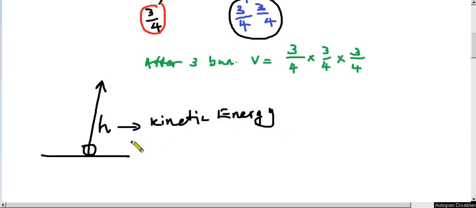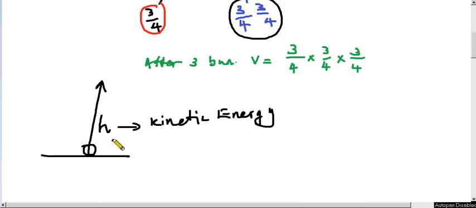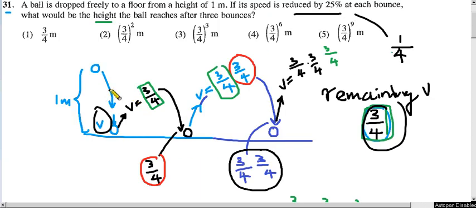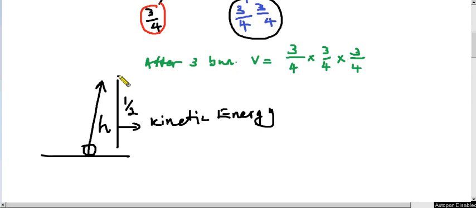If the kinetic energy is half of the early kinetic energy, then it reaches only half of the early height. That's given 1 meter. Half of the initial height means half a meter.